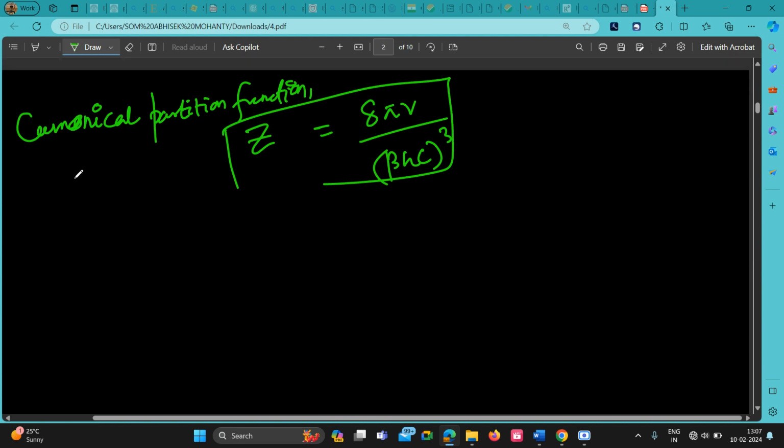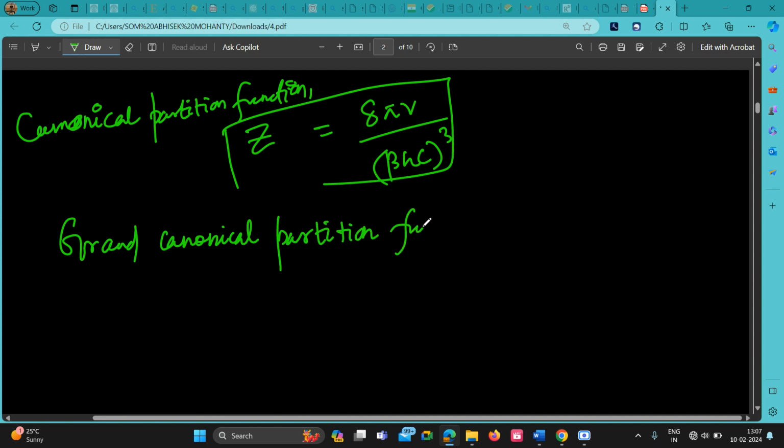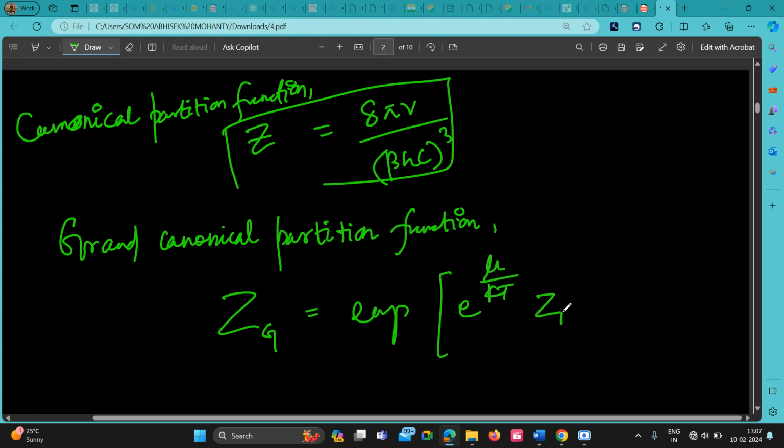Now, what is the grand canonical partition function? Zg is the exponential, e to the power mu by kT, times Zn, where Zn is the normal partition function. For example, this is Zn.